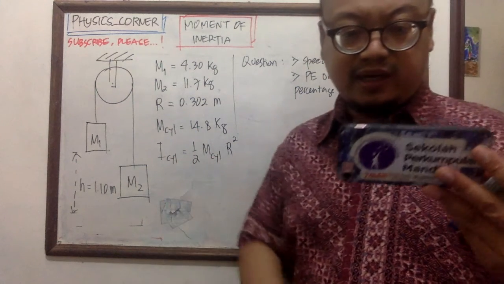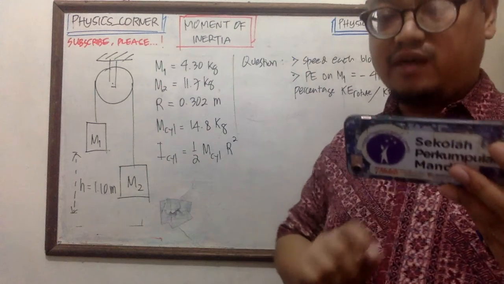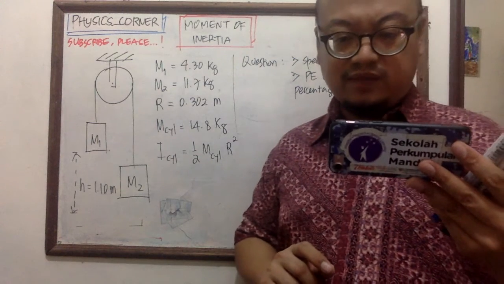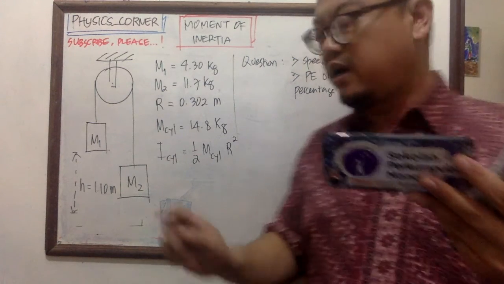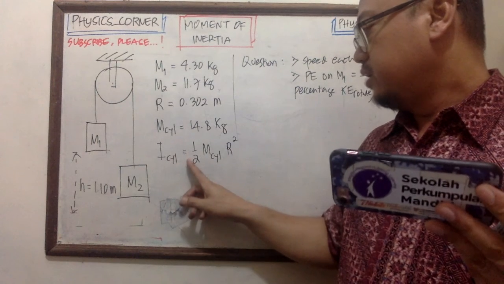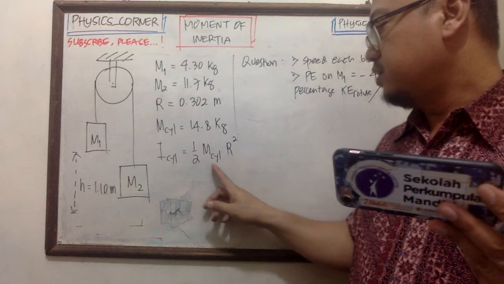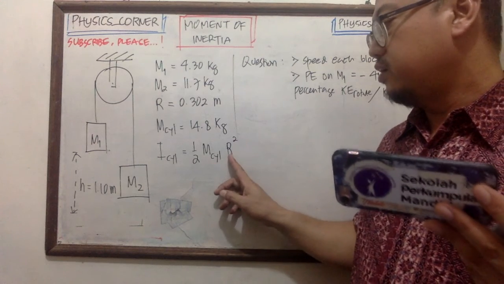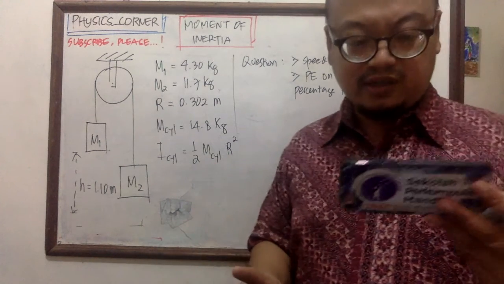Assume that the pulley has the moment of inertia of a uniform cylinder. The moment of inertia of the cylinder equals a half mass of the cylinder times r squared, where r is the radius of the cylinder.